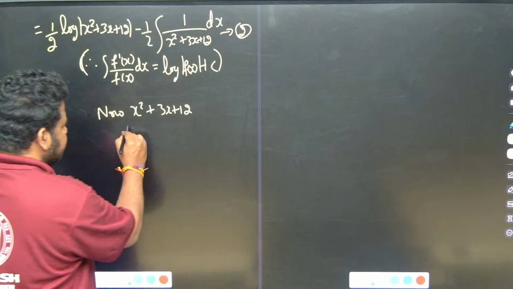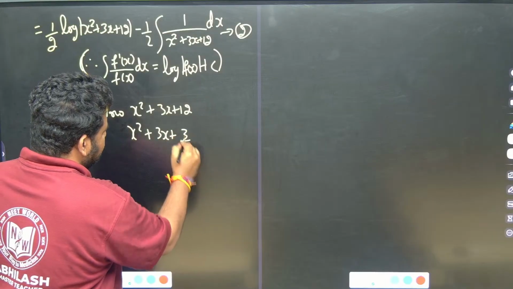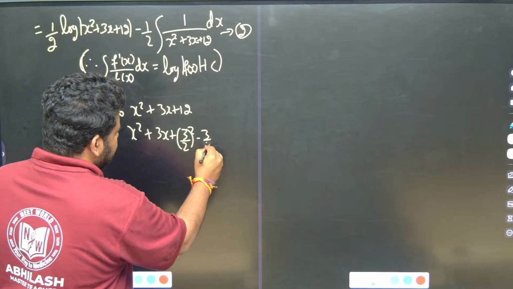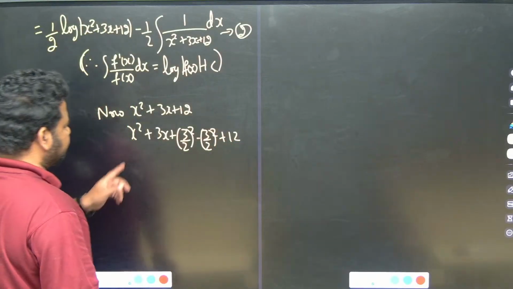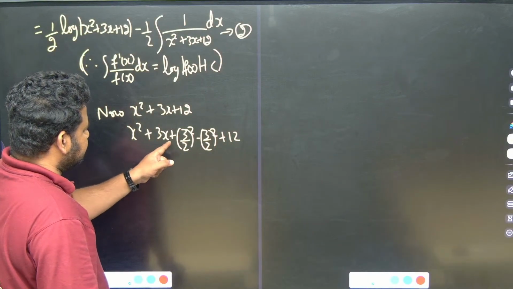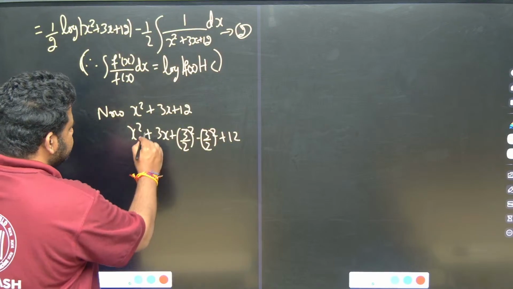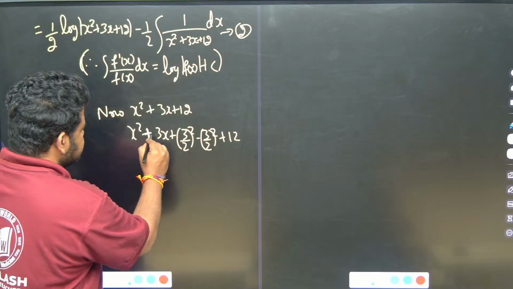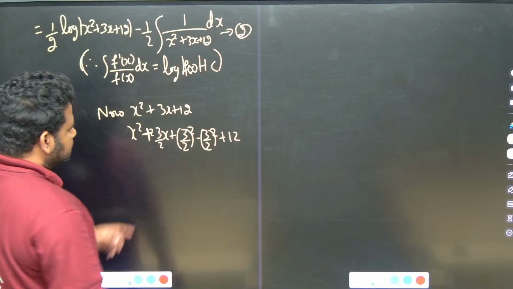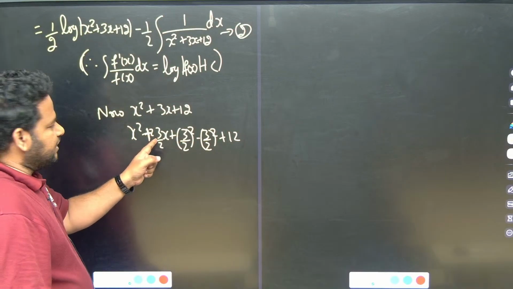So this will become x square plus 3x plus 3 by 2 whole square minus 3 by 2 whole square plus 12. Here 3 by 2 whole square, I can multiply by 2 and divide by 2, so this is x square plus 3 by 2 whole square plus 2ab.